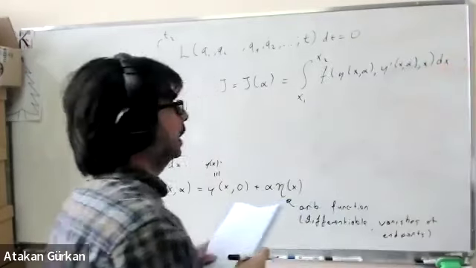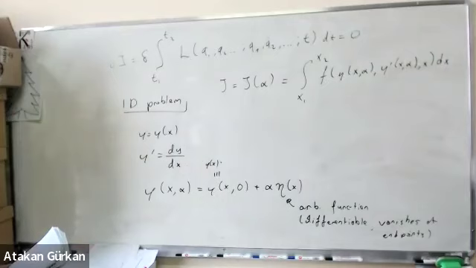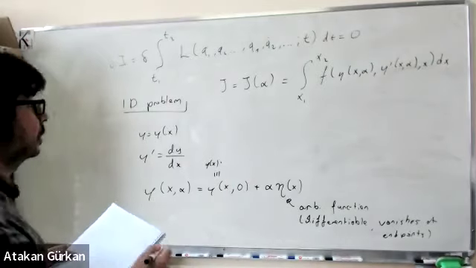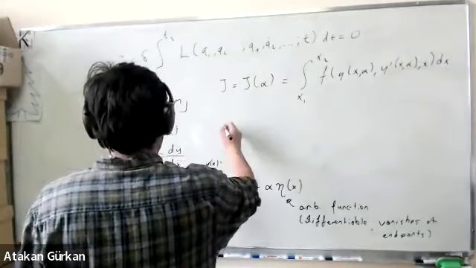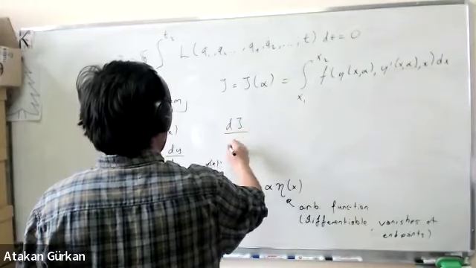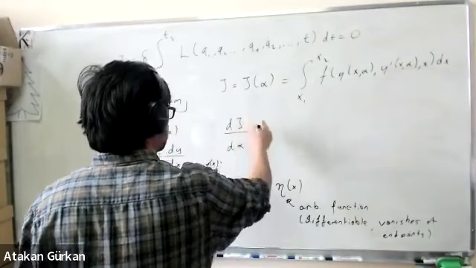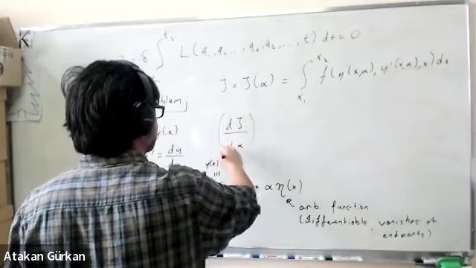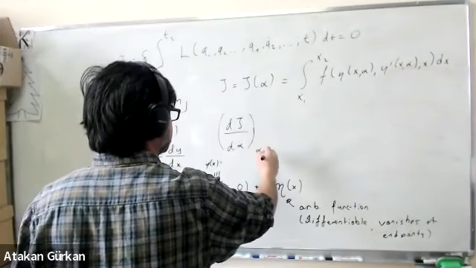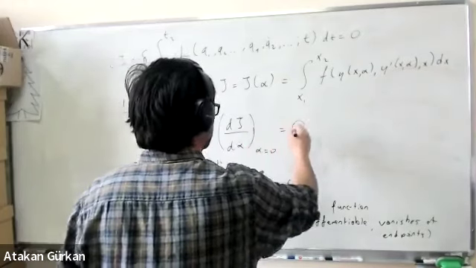Now, as you see, x has replaced the role of t because it's now our independent variable. Okay. Now, our requirement is that J differentiated by alpha, so this is the derivative of J with respect to alpha, when that deviation is 0, has to be 0.